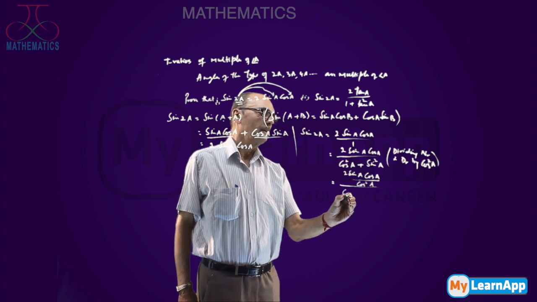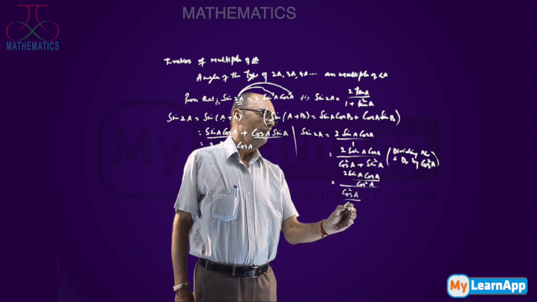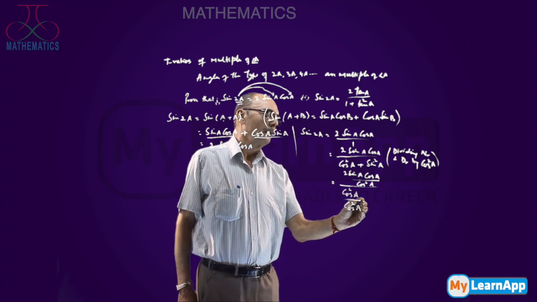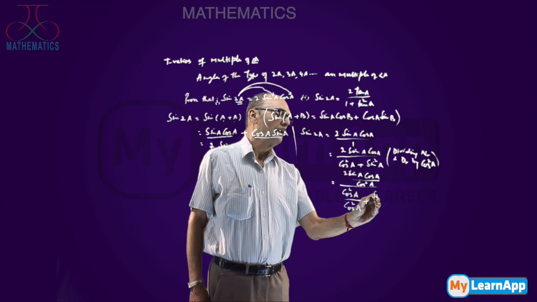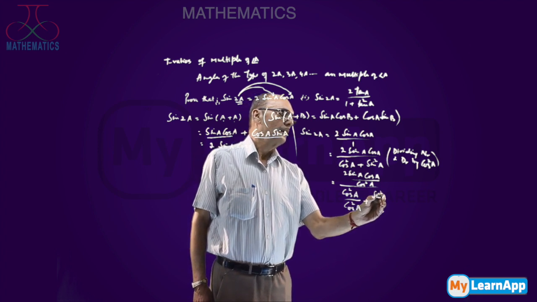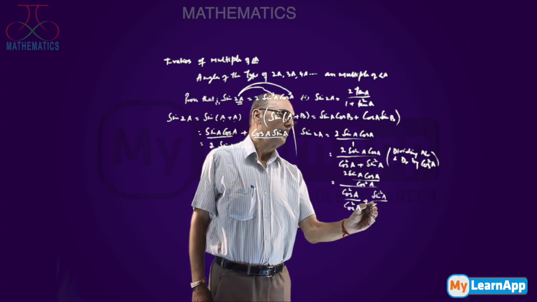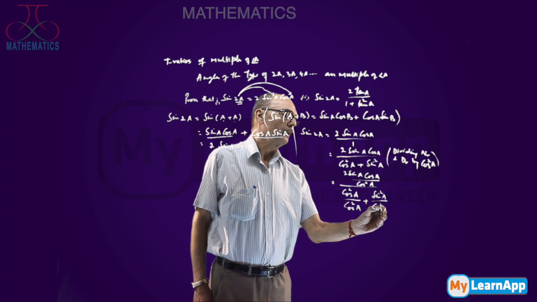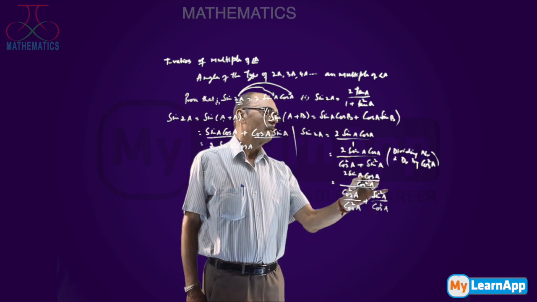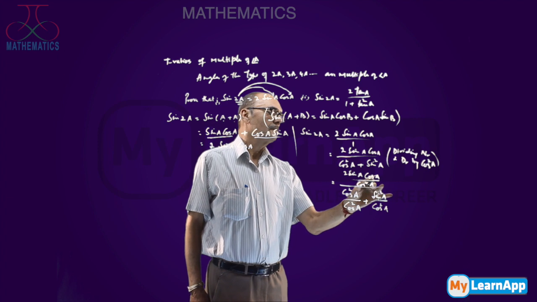Likewise, in the denominator, cos square A divided by cos square A plus sin square A upon cos square A. Now, this cos gets cancelled with this.